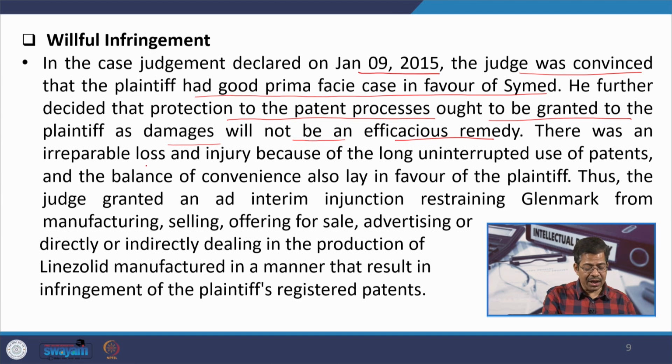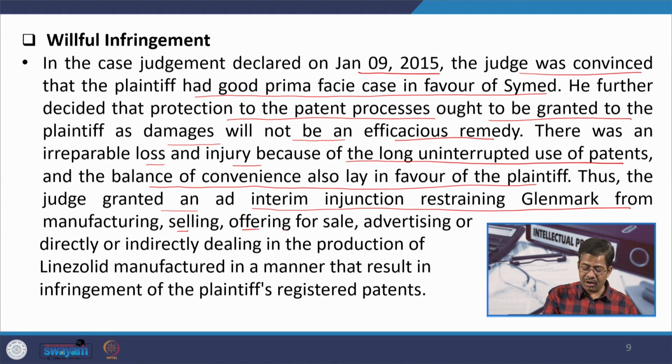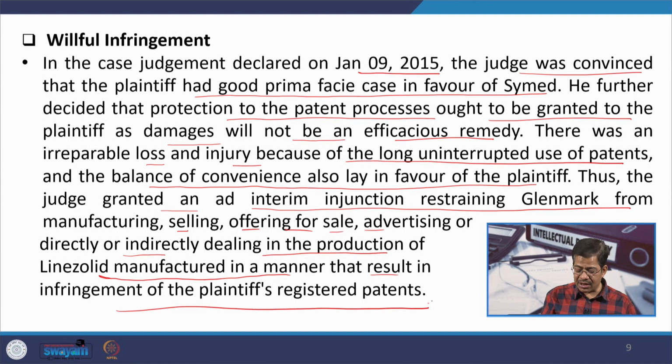There was an irreparable loss and injury because of the long uninterrupted use of patents, and the balance of convenience also lay in favor of the plaintiff. Thus, the judge granted an interim injunction restraining Glenmark from manufacturing, selling, offering for sale, advertising or directly or indirectly dealing in the production of linezolid manufactured in a manner that results in infringement of the plaintiff's registered patents.